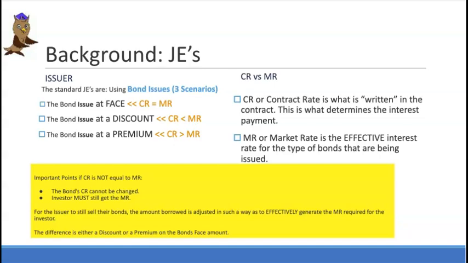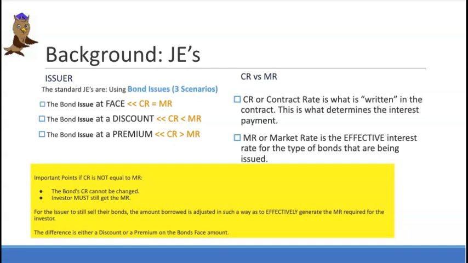One way to think about this difference is as follows, as shown in this yellow box. Suppose that a bond contract is printed, say on May 1st. The CR was set perhaps equal to the MR of 12%. As of that date, May 1st, the CR printed on the bond contract is set and cannot be changed.